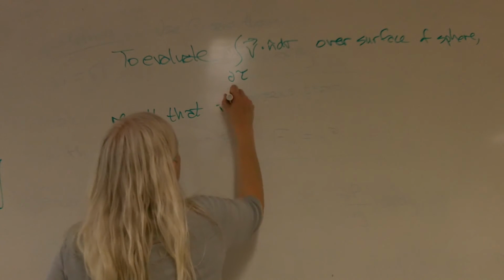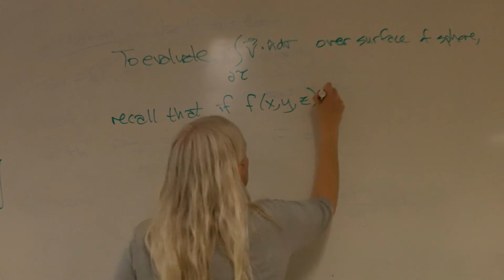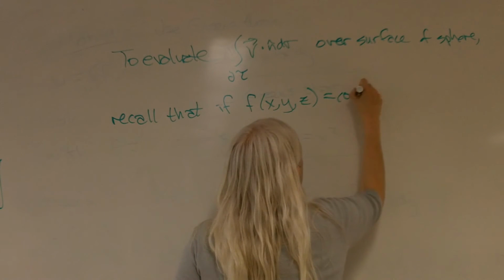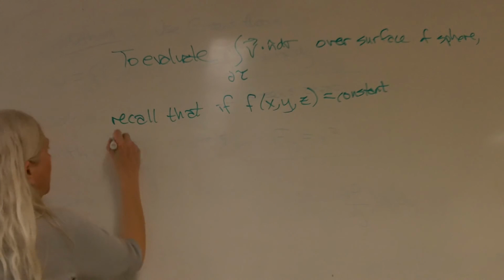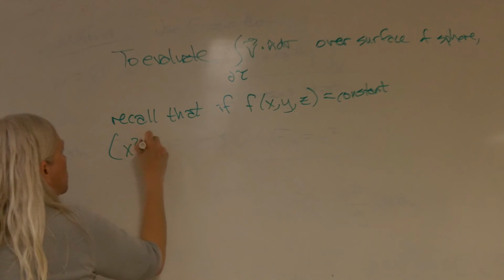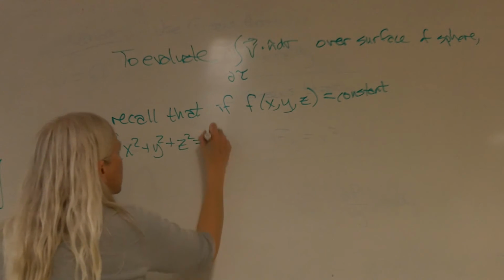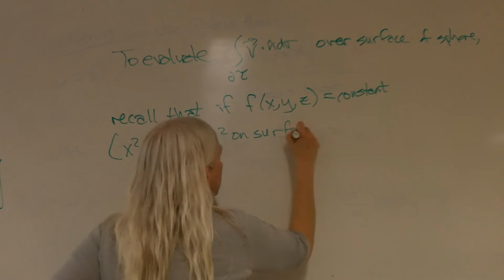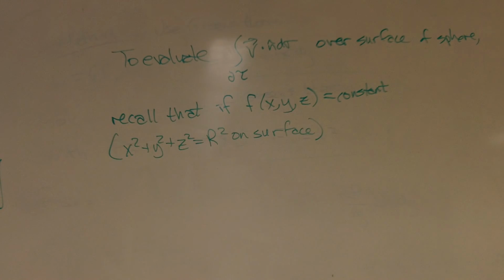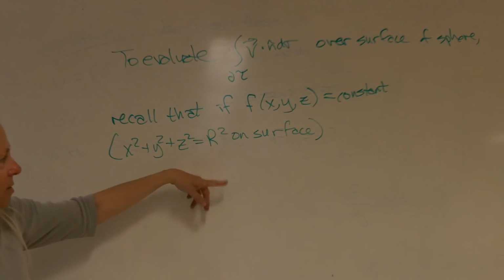Remember that if we have some function of x, y, and z being constant, for example, x squared plus y squared plus z squared equals capital R squared, we know that that's true on the surface of the sphere. That's the equation of the surface of a sphere, and R is a constant, so R squared is a constant.